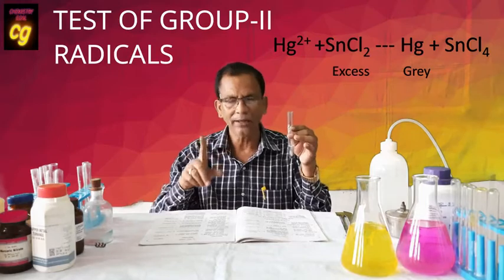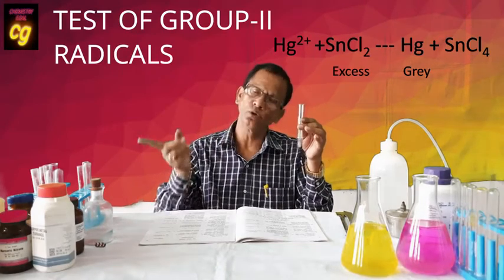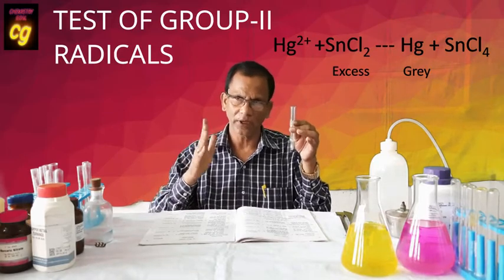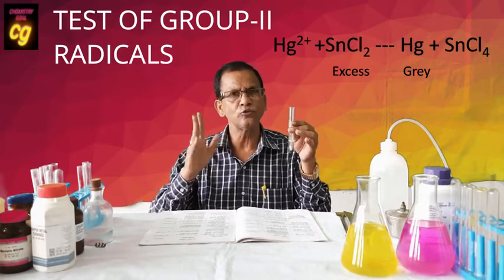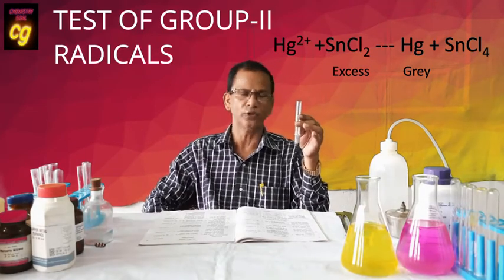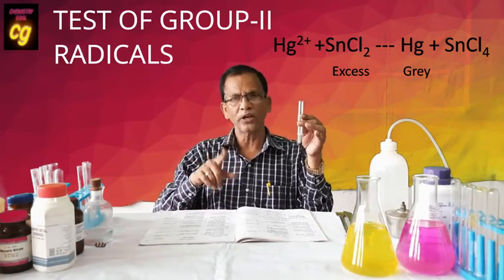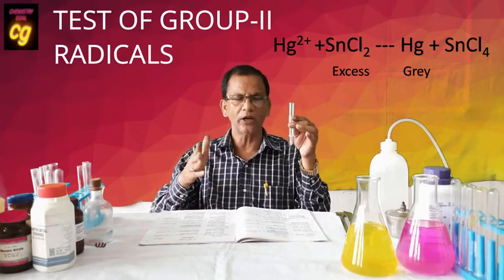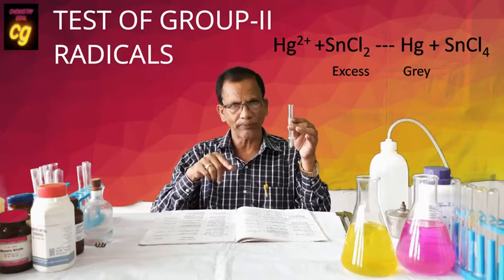First, when you add stannous chloride to the mercuric salt, it is converted to Hg2Cl2. That is, the mercuric ion is reduced to the mercurous ion.